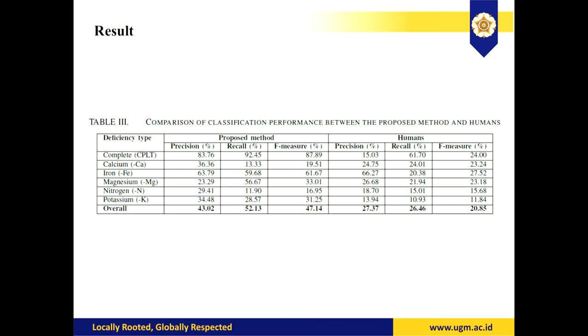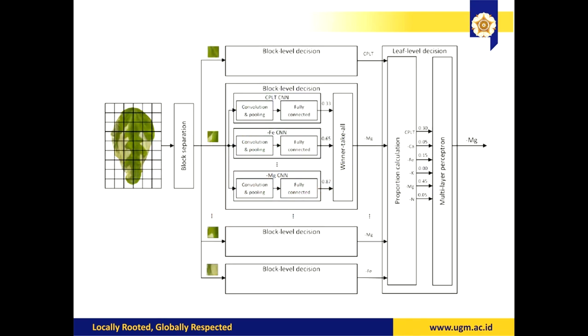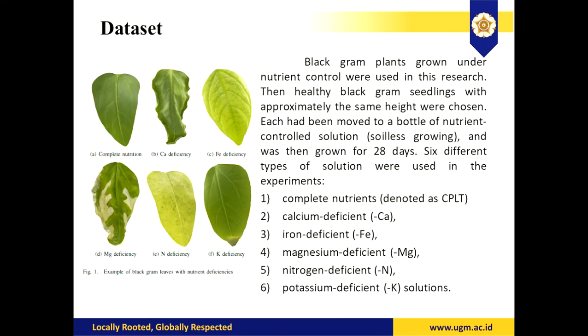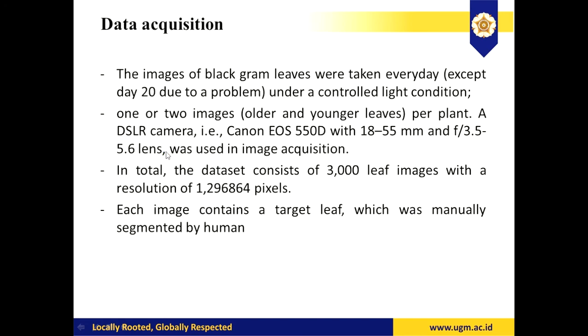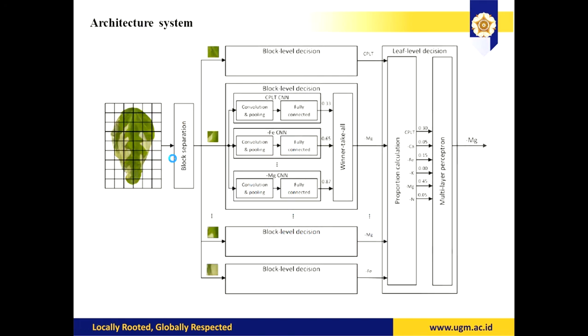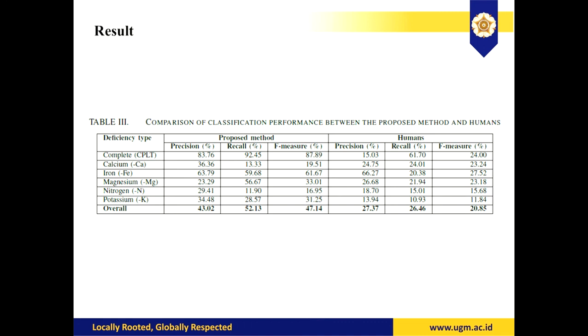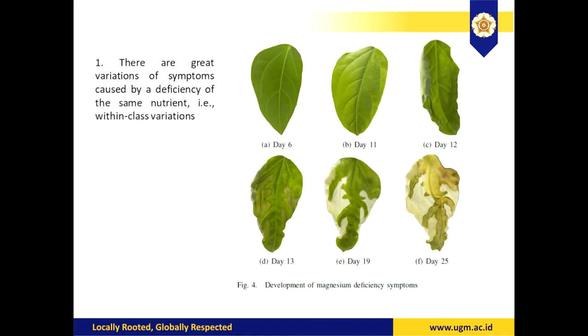Okay, we can check 1b. This is 1b, it's similar actually. This is for calcium deficiency, and this one is magnesium deficiency. It seems similar.